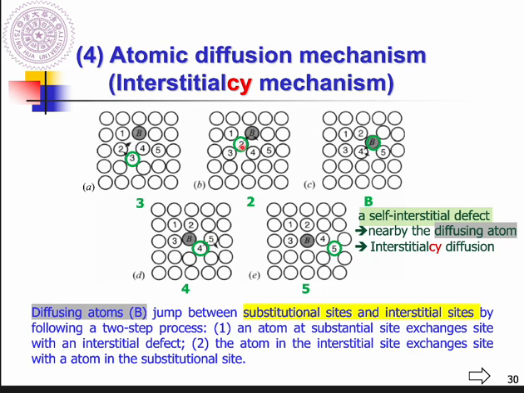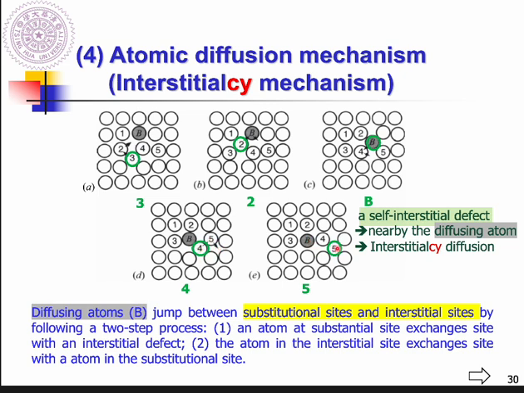Then number 2 pushes diffusing atom B, and number 2 goes back to the lattice point or substitutional site, while diffusing atom B moves to the self-interstitial defect site. Then B pushes number 4. Now number 4 becomes a self-interstitial defect, and diffusing atom B goes back to a lattice point, or what you call a substitutional site. Then number 4 pushes number 5.